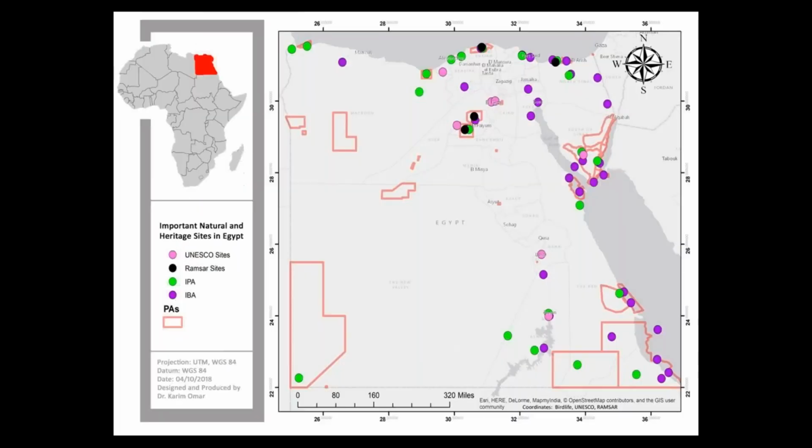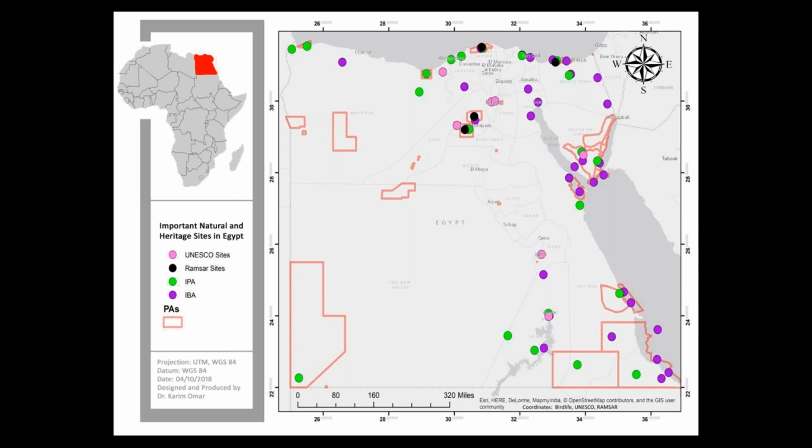To be sure and to be accurate, we separate all important natural and cultural sites in Egypt in the protected areas map to determine the effectiveness of conserving these sites.